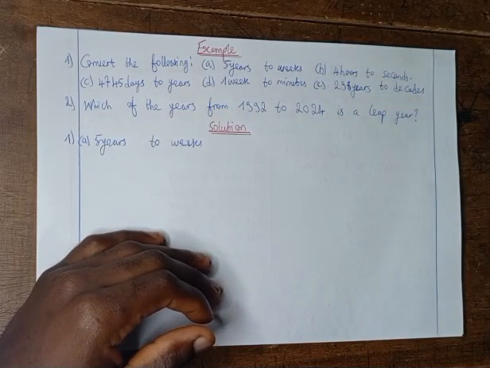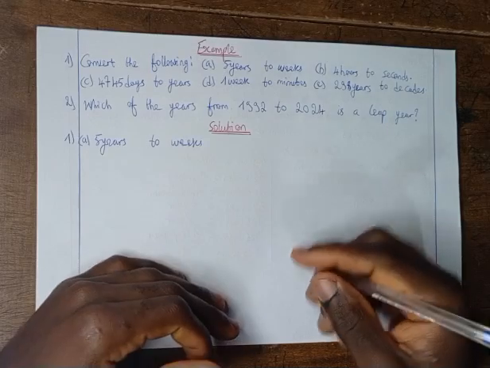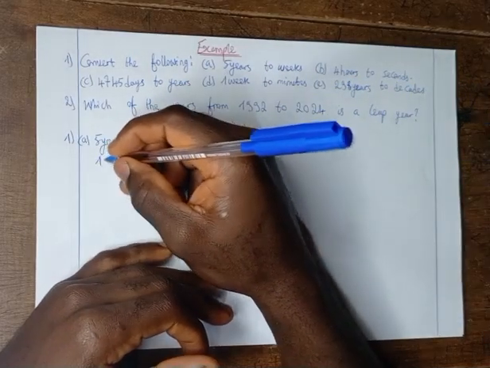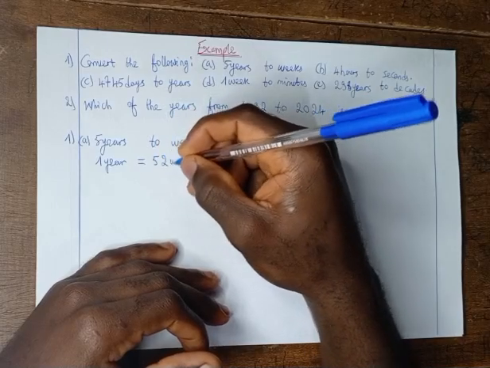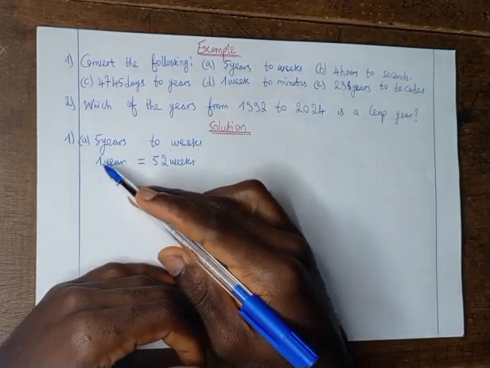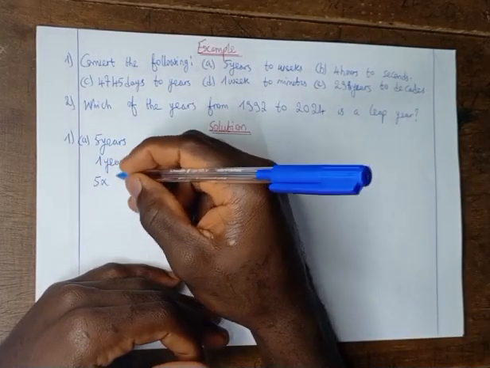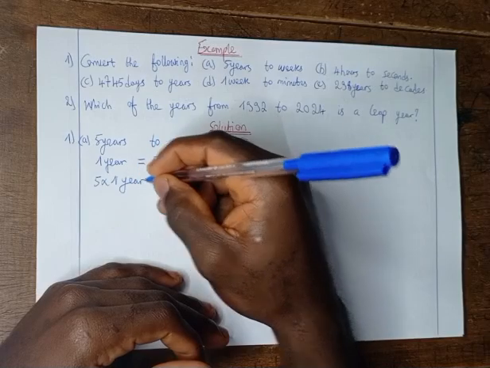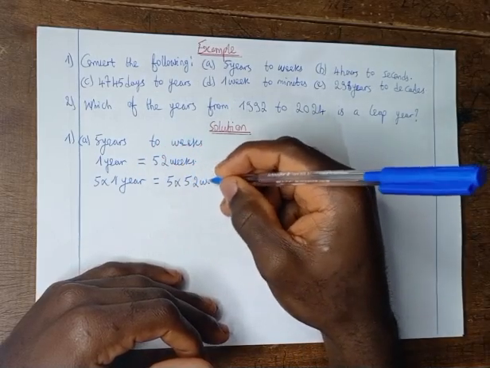First, we know that 1 year has 52 weeks. 1 year is equal to 52 weeks. For us to get the number of weeks in 5 years, we are going to multiply both sides here by 5. This will give us 5 times 1 year is equal to 5 times 52 weeks.